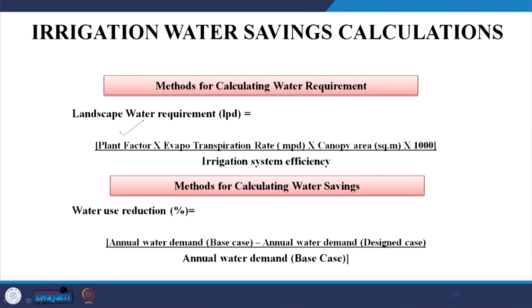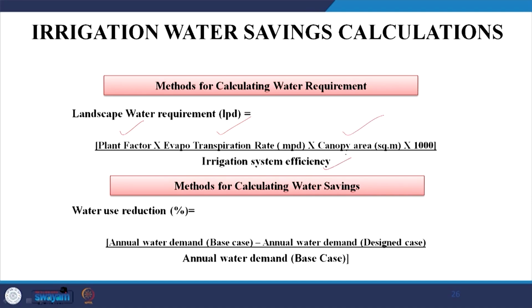Now, all these factors have to be demonstrated through calculations. The very simple formula for demonstrating the irrigation water savings is the product of plant factor, the evapotranspiration rate and canopy area, divided by irrigation system efficiency.